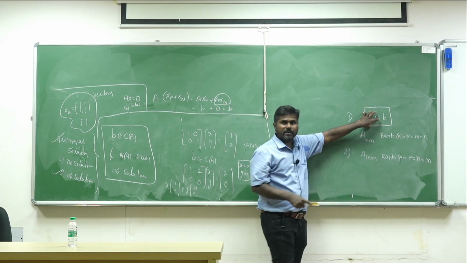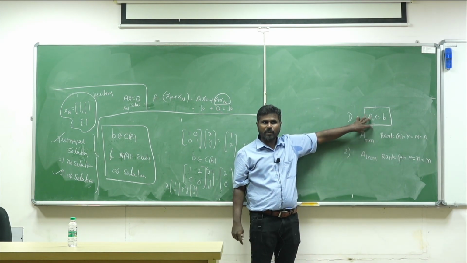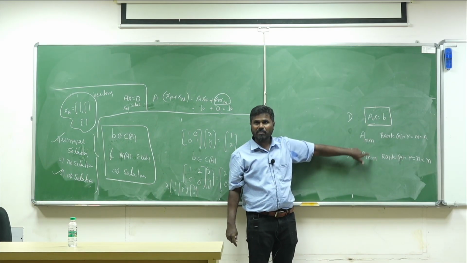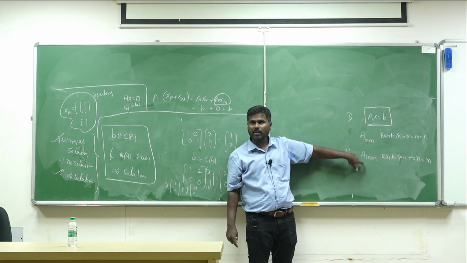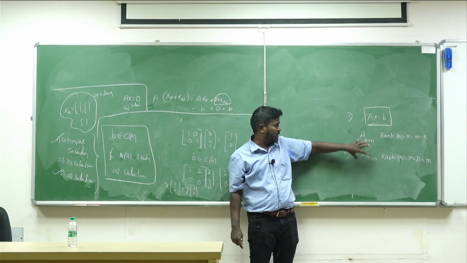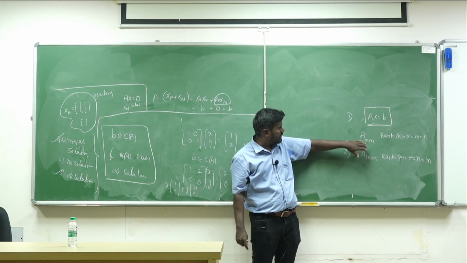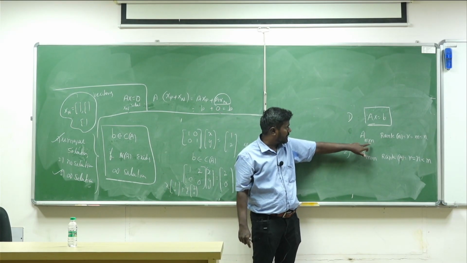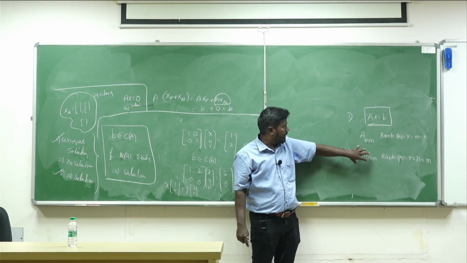The system of equations, the number of equations, the number of variables in the system of equations depends upon the rank of the matrix. Sorry. It depends upon, right, of course, this m by n.